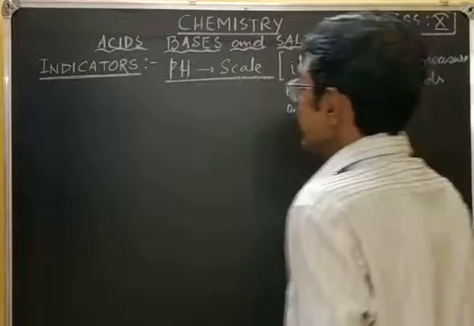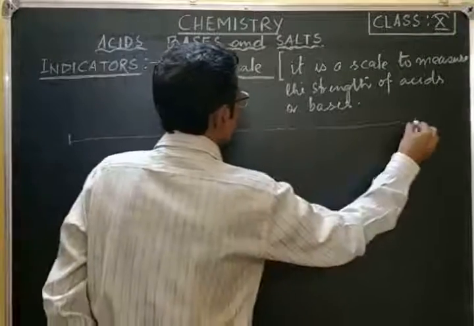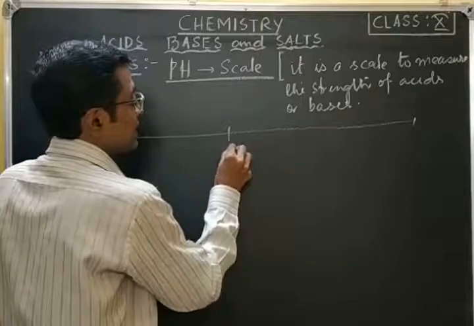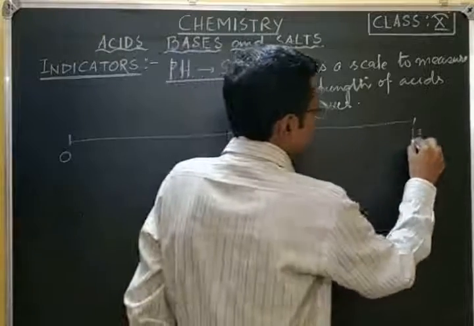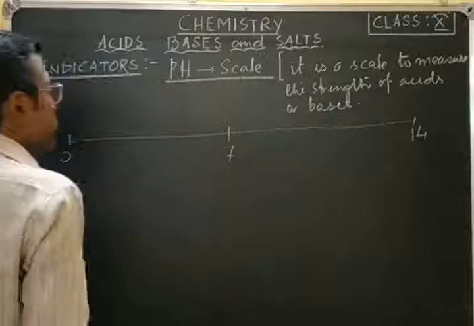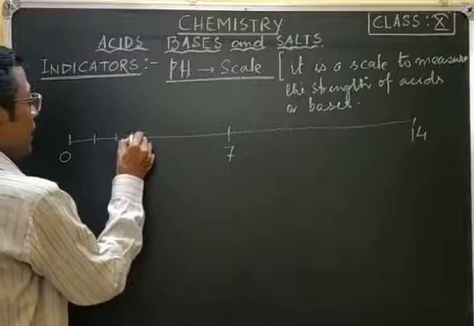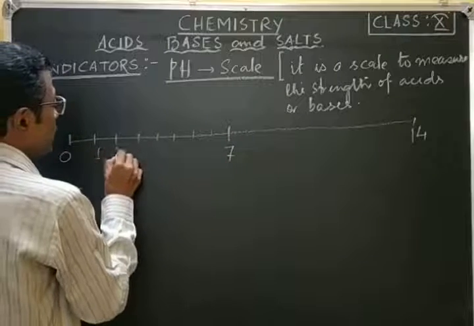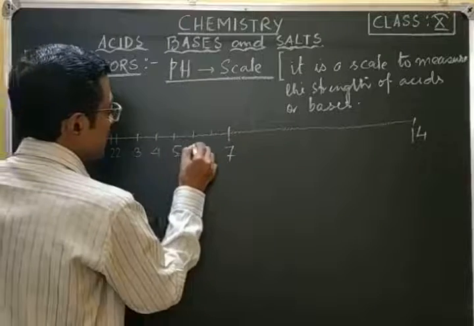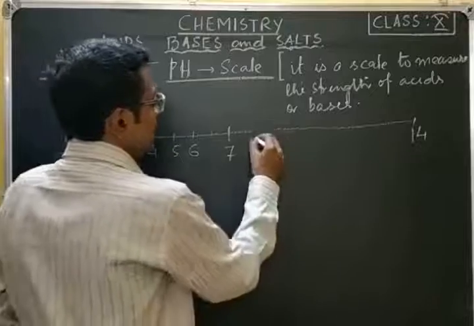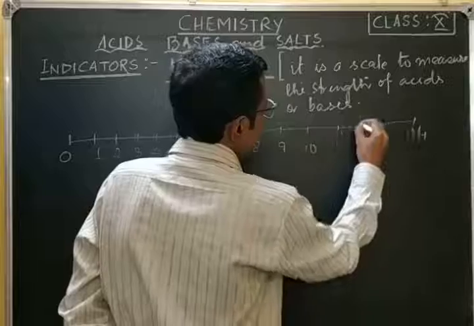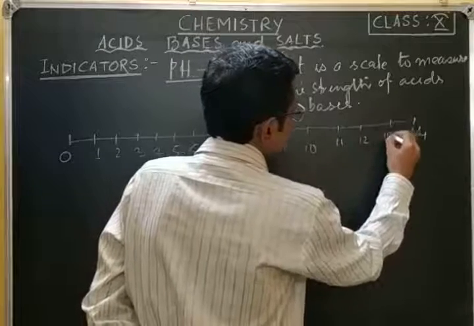Remember, this scale starts from 0, the midpoint is 7, and the highest point of the scale is 14. It is graduated into equal intervals: 1, 2, 3, 4, 5, 6, and then 8, 9, 10, 11, 12, and 13.